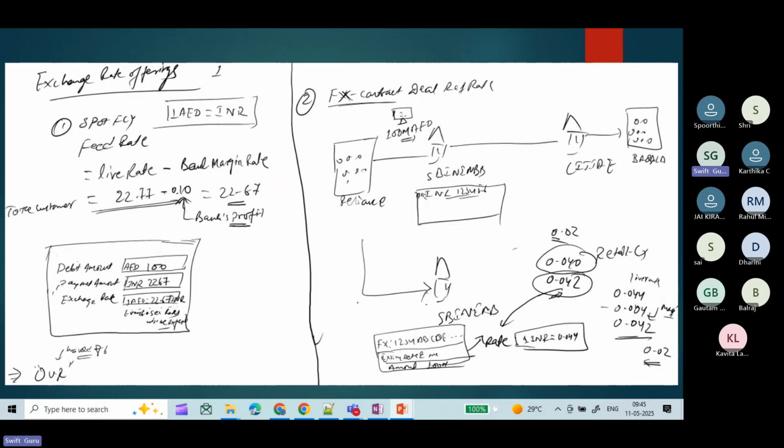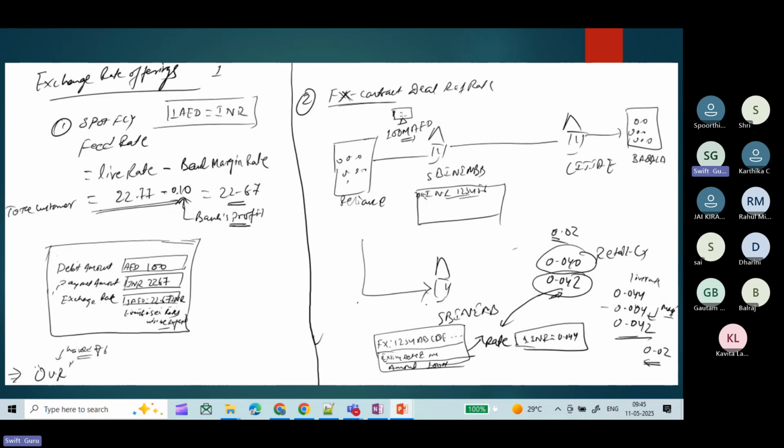Now coming back to your exchange rate, there are two types of exchange rates. One is spot FCY, which means the live rate, whatever you see in Google, right? Basically, the banks consume it from Bloomberg, which provides live feed rates. The live feed rates are based on different market ups and downs, and banks consume them as part of a feed file.